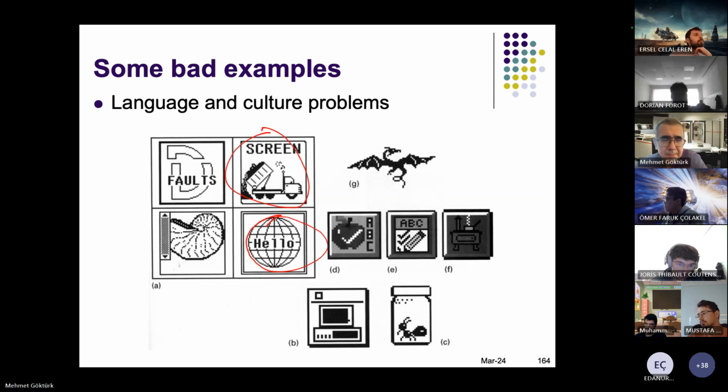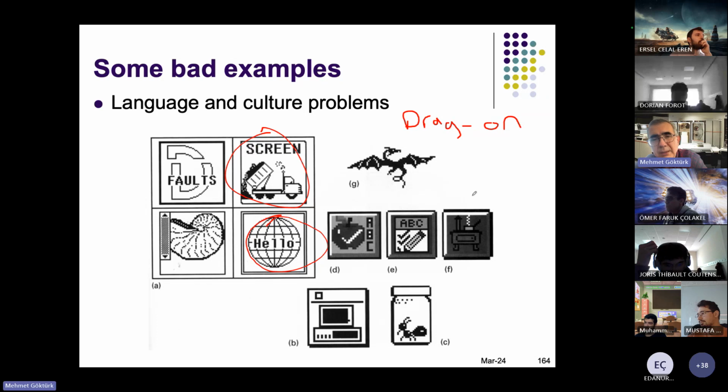Screen dump. Secondary meaning and cultural problems. Defaults. Shelves. Jar. Back burner. Okay. Drag on. So these are indirect and cultural dependent examples.